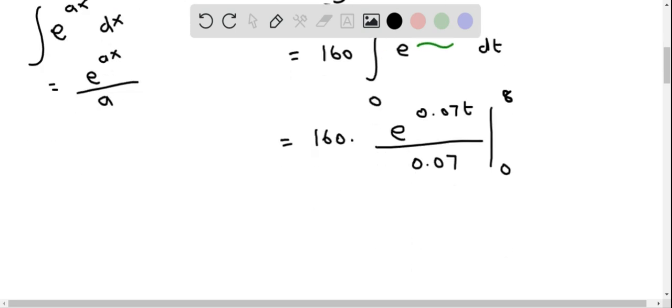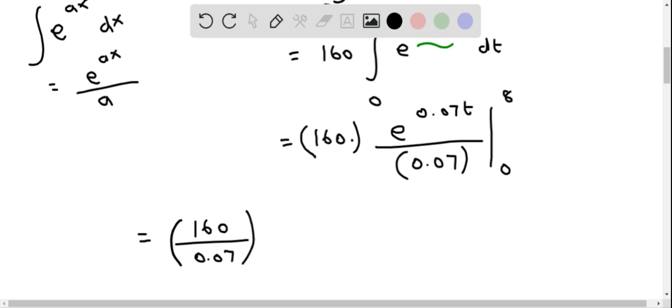So now we have to apply the upper limit as well as the lower limit. Before that, we can combine this constant, that is 160 divided by 0.07. So I put this as a quantity, 160 divided by 0.07, and then we will apply these limits only for this exponential expression, 0 to 8.